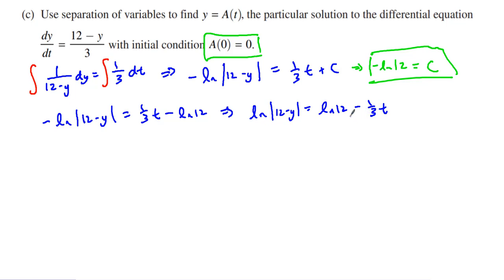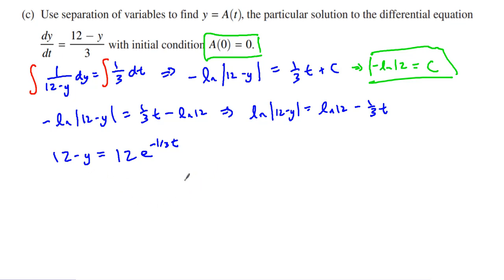When we do that, we're left with 12 minus y on the left-hand side, and the opposite of natural log is e. The e is going to cancel out with the natural log, so a constant comes out front: 12e to the negative 1/3 t.